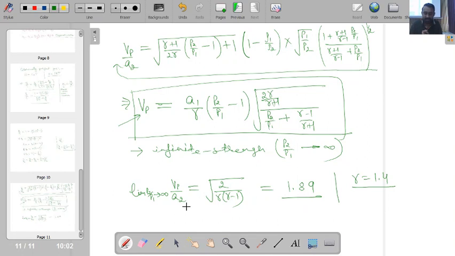So if a shock wave of infinite strength moves through a fluid medium, that fluid medium with a Mach number of 1.89 will move towards the shock wave. It means that behind a moving shock wave, you can have a supersonic flow situation.